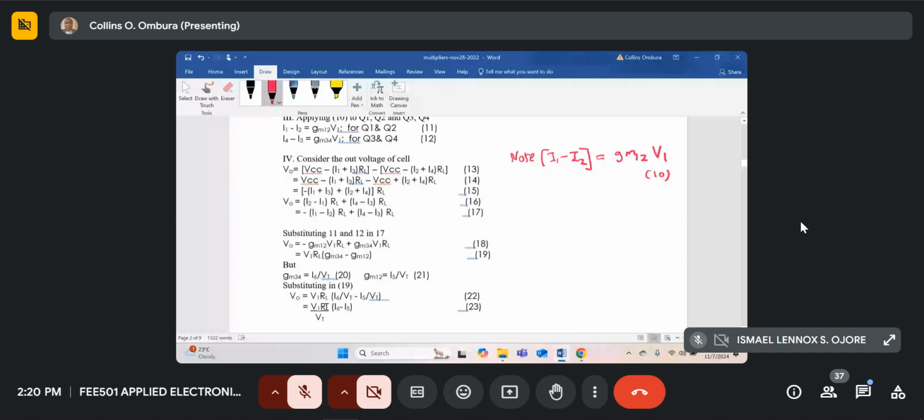So this gives us a relationship of how the output voltage varies as a function of V1 and I5 and I6.